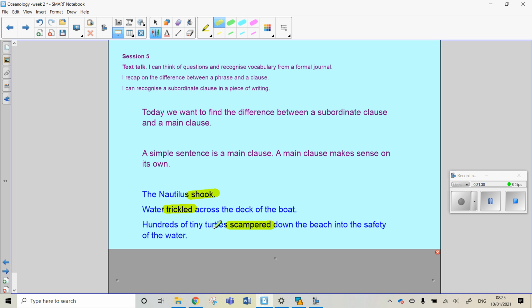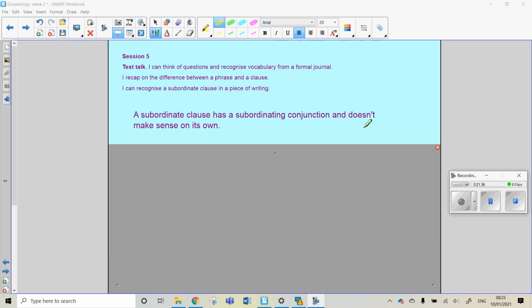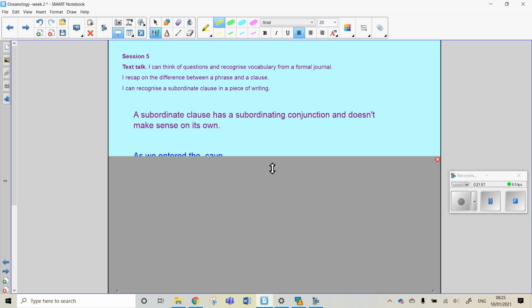So all of these are main clauses and they're all simple sentences as well. The subordinate clause, however, has a subordinating conjunction and it doesn't make sense on its own. So it's a group of words that have a subordinating conjunction, a verb, and they don't make sense without being added to another part of a sentence.